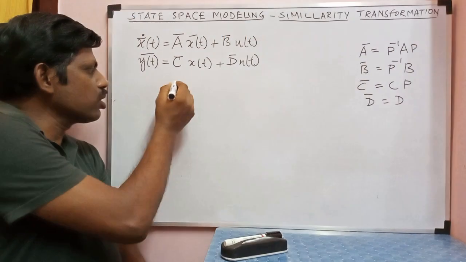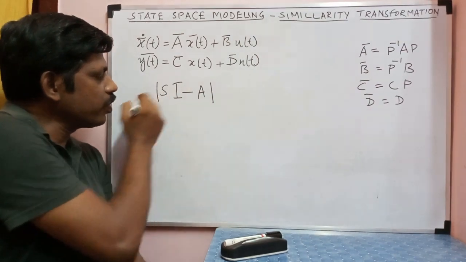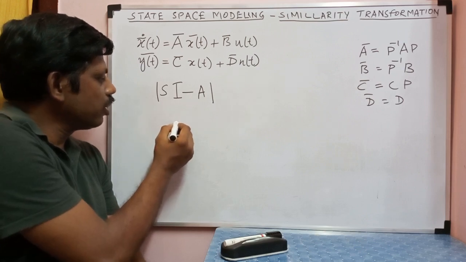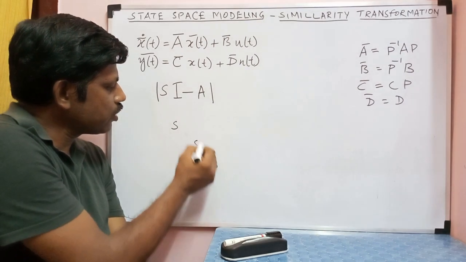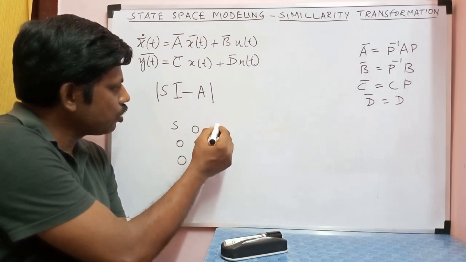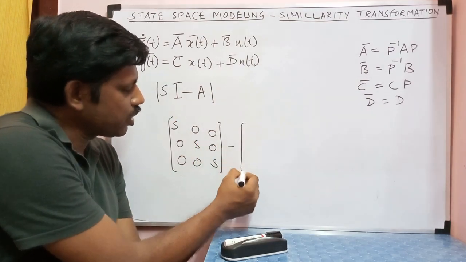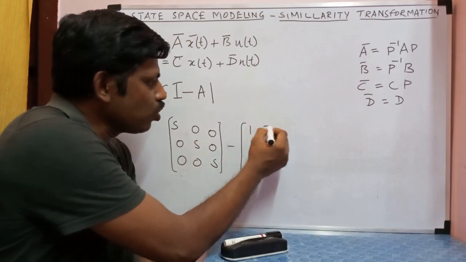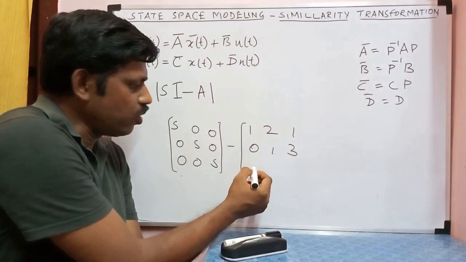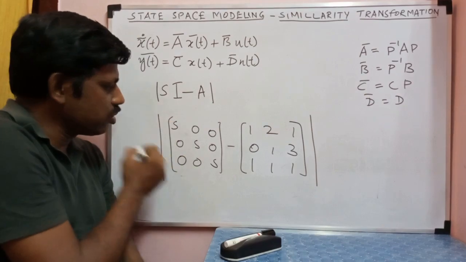The characteristic equation you will find by the determinant of SI minus A. How do you find it? SI is nothing but S, 0, 0, 0, S, 0, 0, 0, S, minus the matrix A. Matrix A is 1 2 1, 0 1 3, 1 1 1. Okay, the determinant of this.